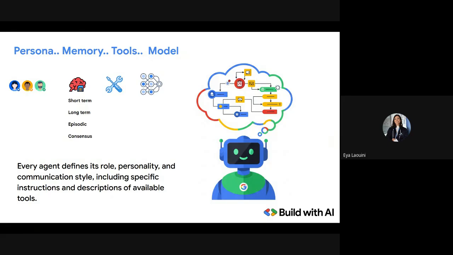So here, the consensus memory is basically a shared memory, where the agents share memories together, because each one of them needs to know the tasks of the other agent, since they collaborate together, and they need access to each other's tasks.